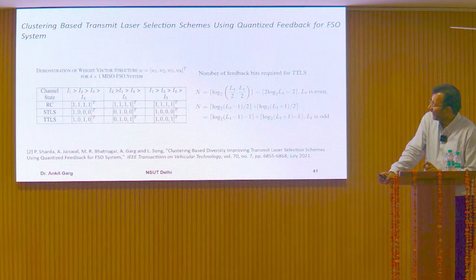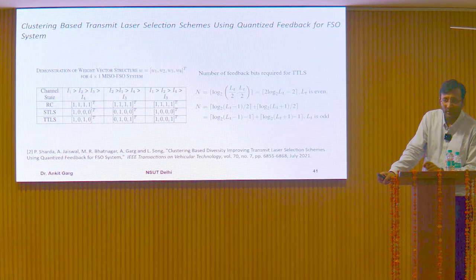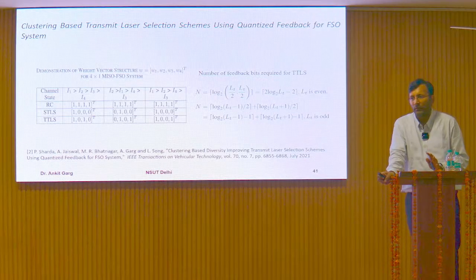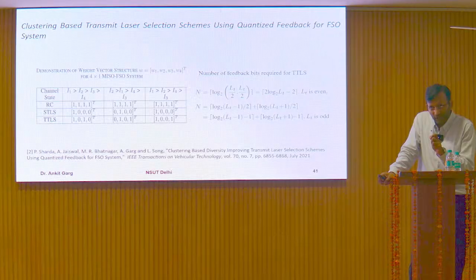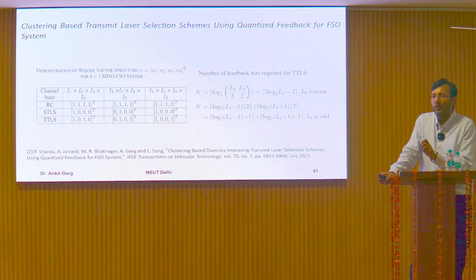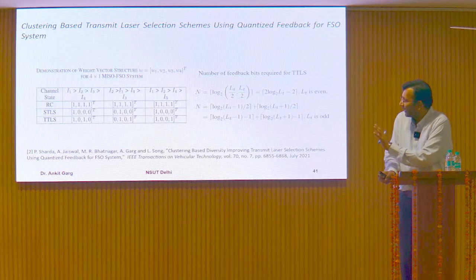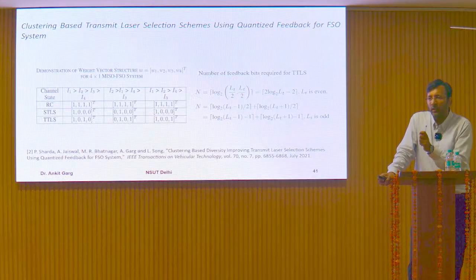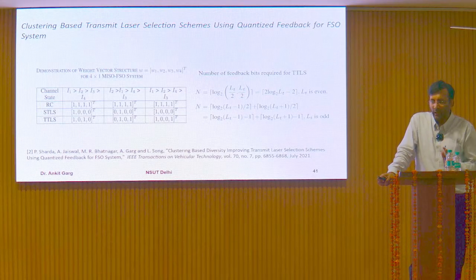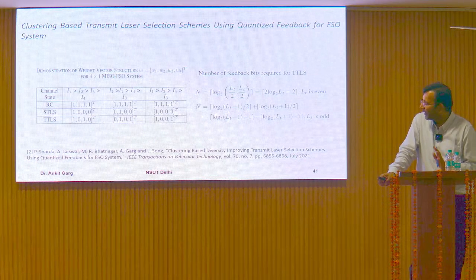Okay. Whereas STLS represents single transmit laser selection. We select the single laser having the largest intensity and give all the power to it. So 1 0 0 0 means I1 is the highest one, so we give all the power to antenna 1 with intensity I1.